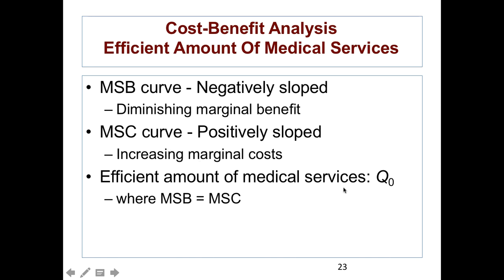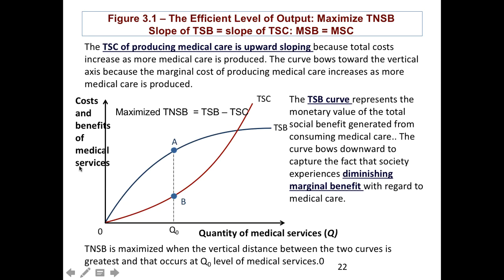The efficient amount of medical services, Q naught, is where the marginal social benefit and marginal social cost are equal, which is where the subtraction of these two gives us the maximum total net social benefit.